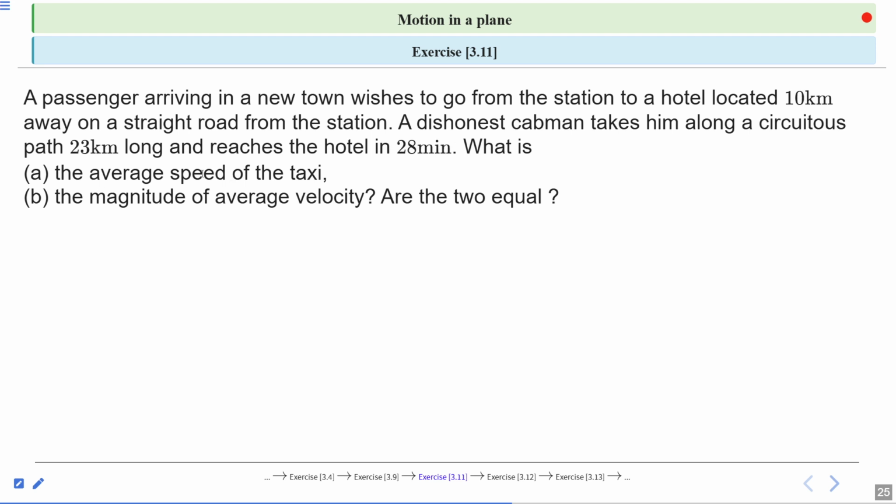What is the average speed of the taxi and the magnitude of the average velocity, and are the two equal or not? So please find A and B. Think about it.